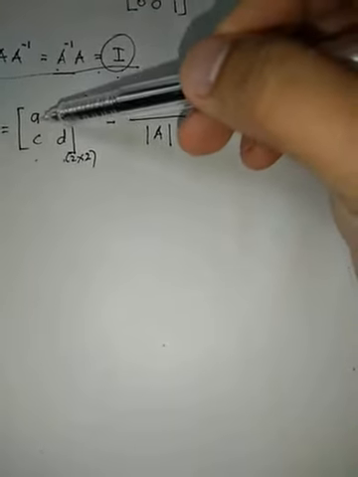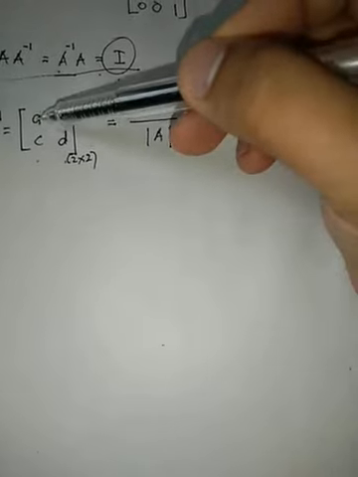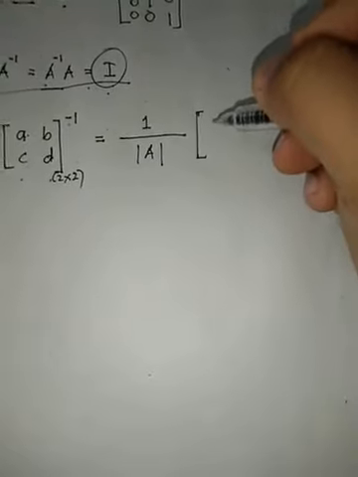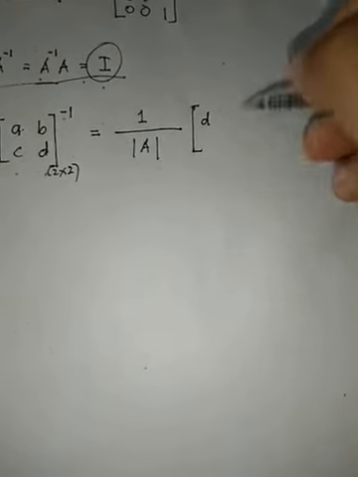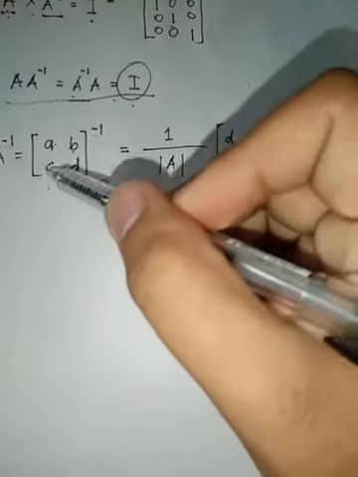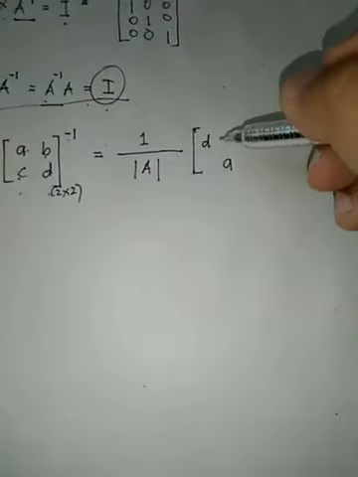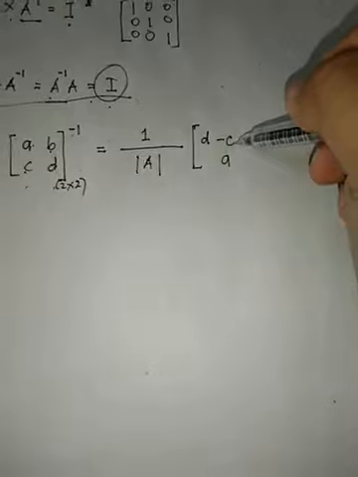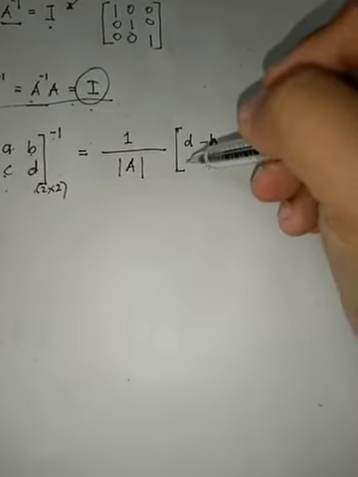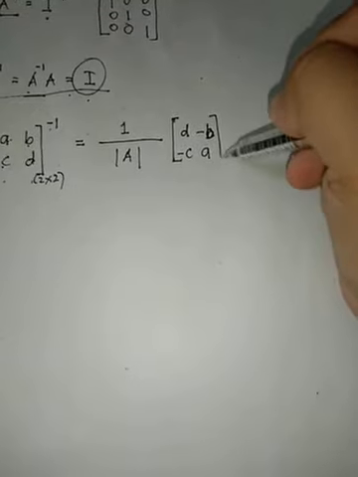Ang gagawin lang, ang A at saka D, swap natin. So this one becomes D, this one becomes A. Itong B at saka C, dagdagan natin ng negative: negative B, negative C.